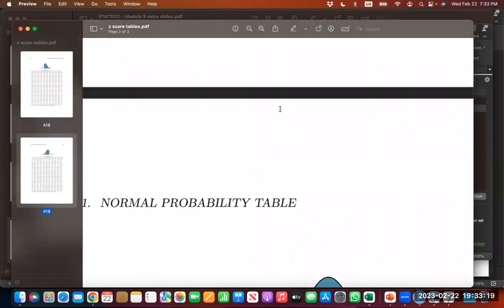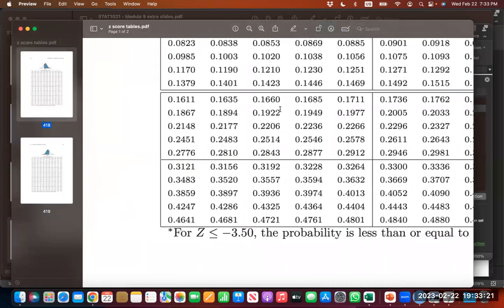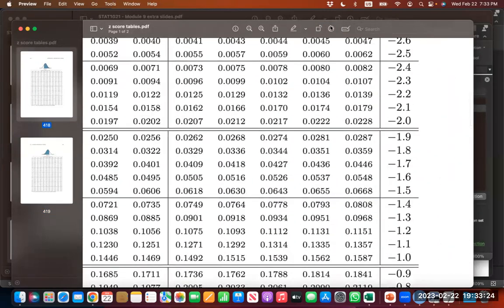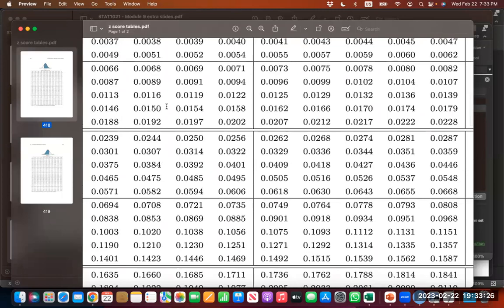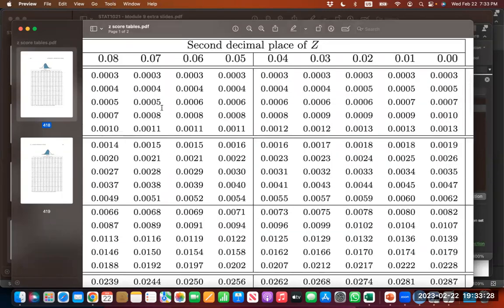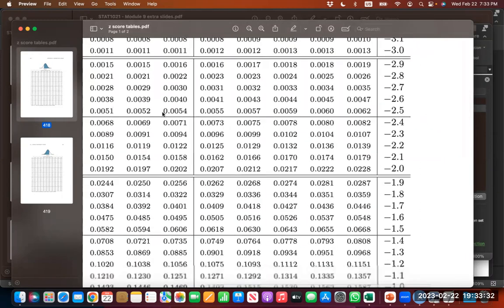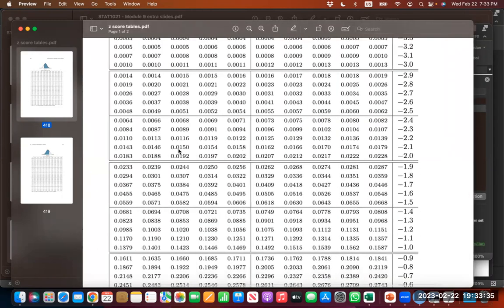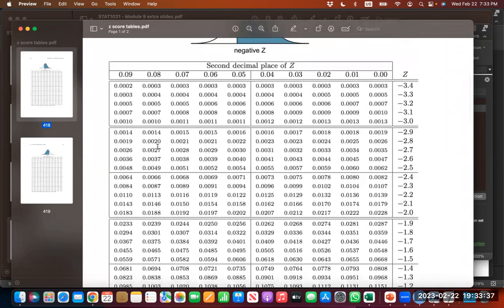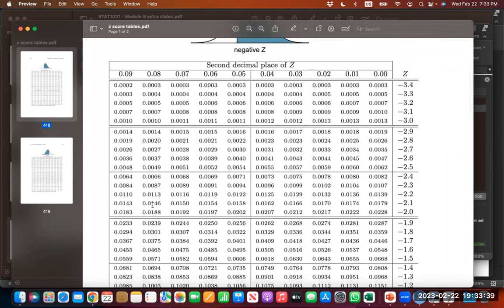If you go to minus 2.18, that's this one. No, gotta zoom out, sorry. Minus 2.18, that's this one. That's 1.5%, give or take. And then 1 minus that proportion gives you how many are taller.